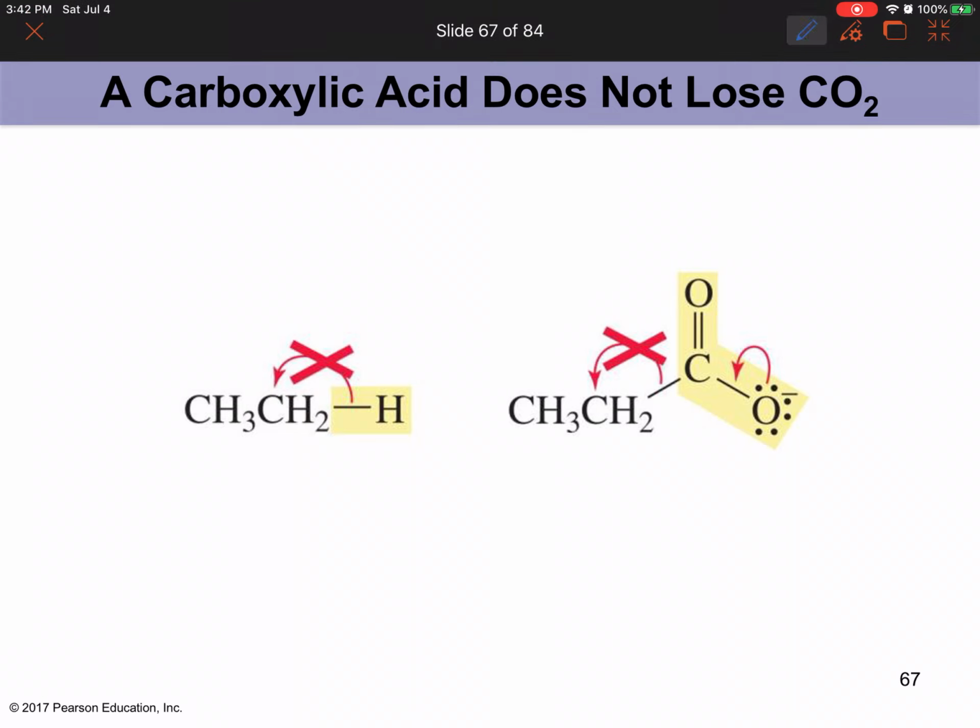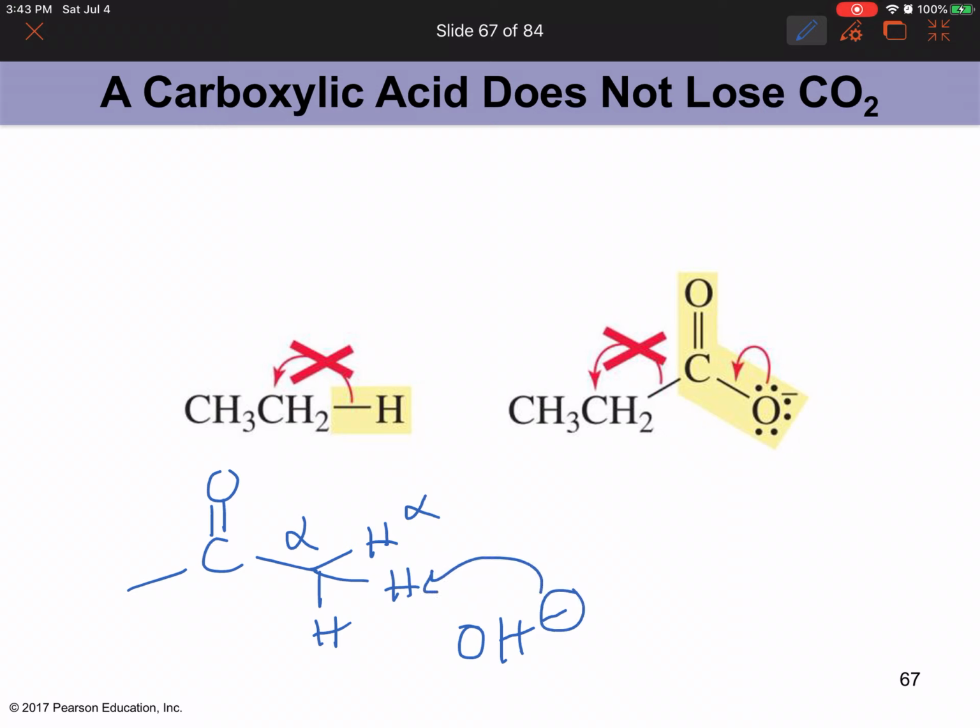Remember, in carbonyl compounds, if you have a compound like that, and then you have hydrogens like this, these are called alpha carbons and these are alpha hydrogens. When you add a base, we had seen the base take this hydrogen and form a carbanion like that, and we just lost a proton.